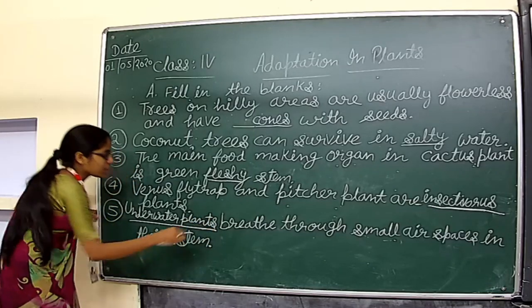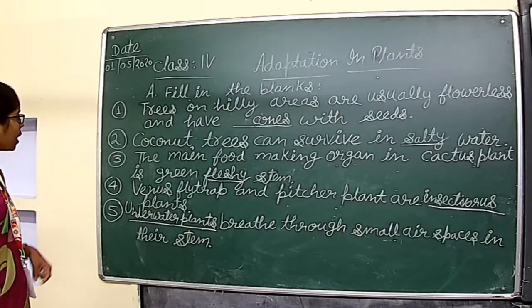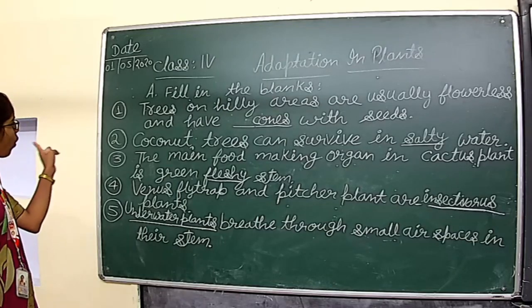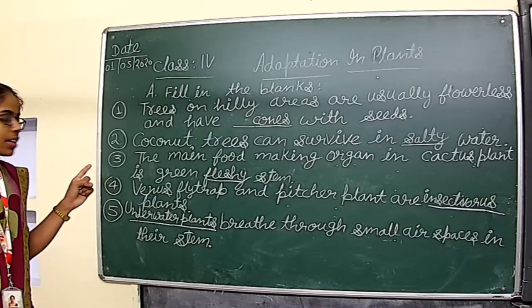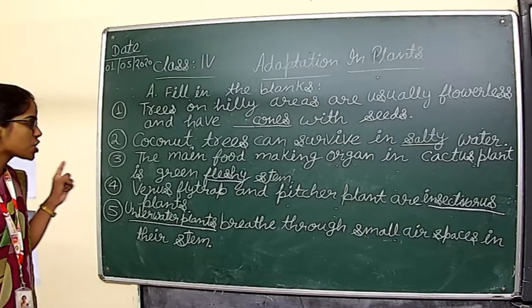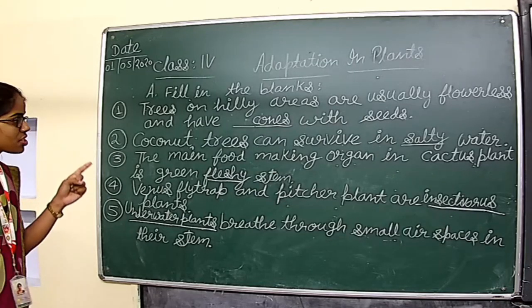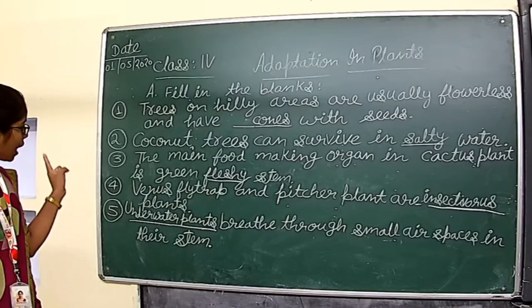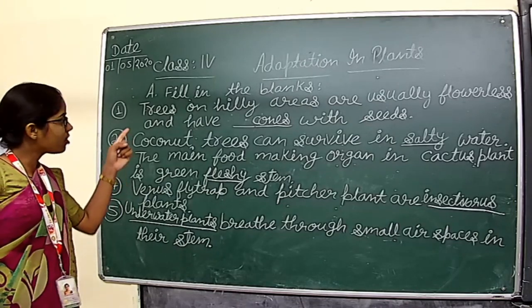I will give you time for writing it. Okay. For the time being, I will read once again all the questions and answers. Let's see the first one. Till the time I am reading the question and answer, please write all the 5 question and answers. This is not question and answer but fill in the blanks.